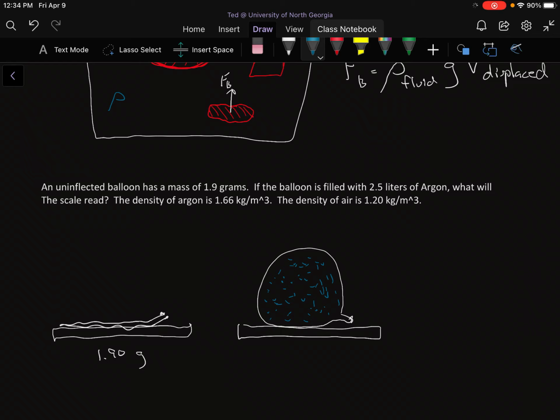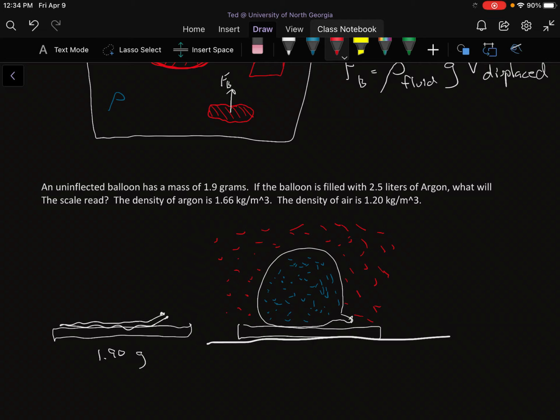And we know that the density of argon is 1.66 kilograms per meter cubed, and the density of the air outside the balloon. So remember, there's also air outside the balloon. So this balloon is submerged. It is under air. It's not underwater, it's under air.